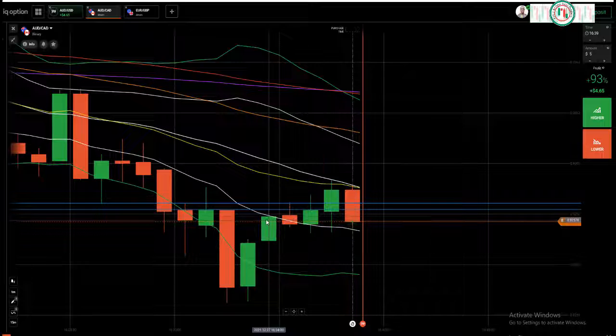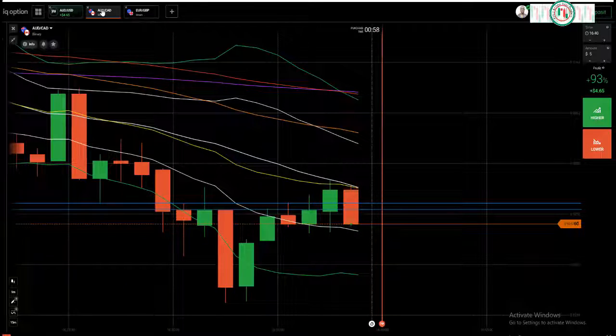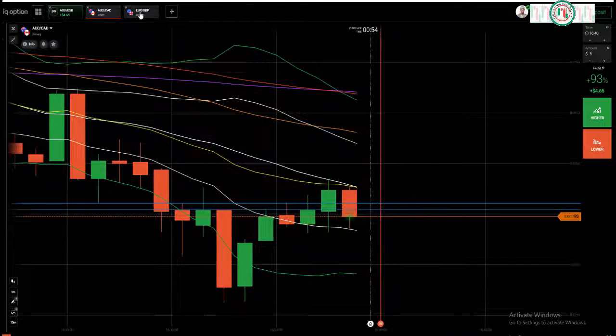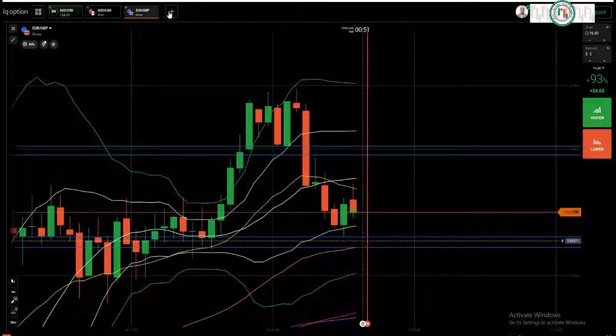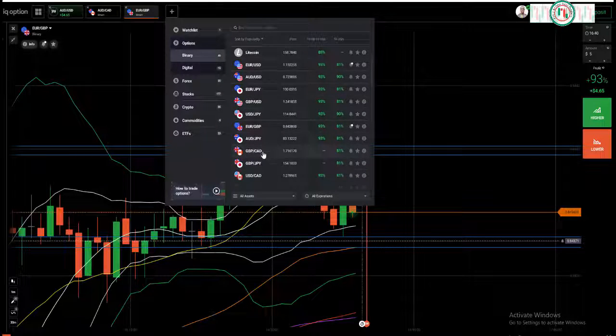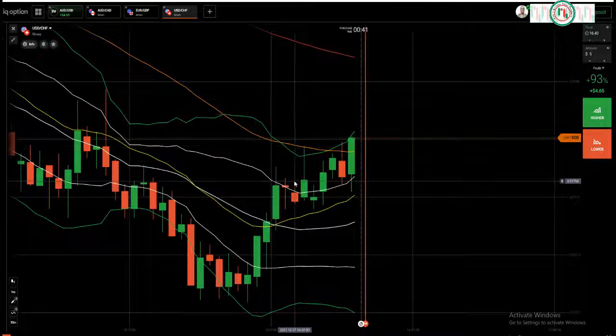Market has broken the level. You know, if you have a low volume market, before market reaches the level, it can reverse, so you have to be careful. Low volume market.